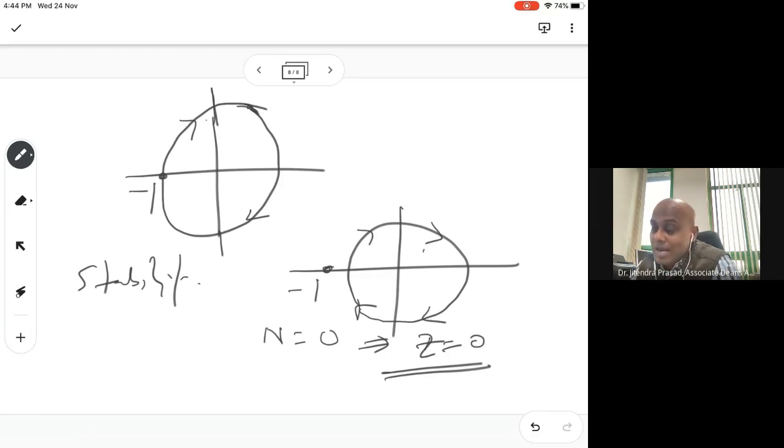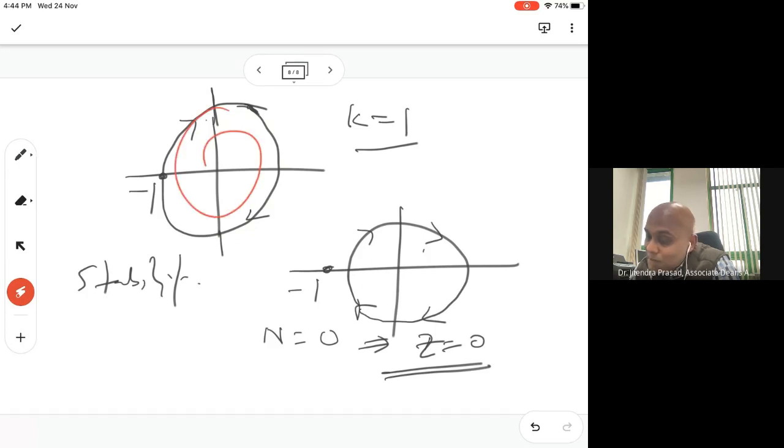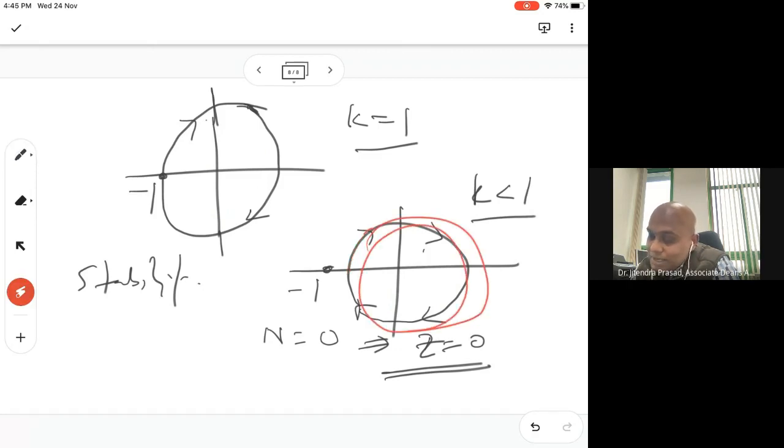And when is it possible? Now, when you have drawn with K equal to 1, you have this passing through -1. If you want to convert from here to here, what will you do? K less than 1. So with K less than 1, automatically this will move, because you are going to multiply this factor to this, and hence the radius will reduce.